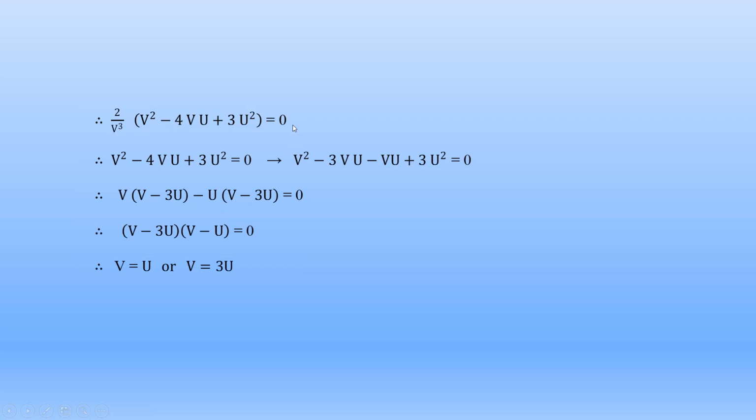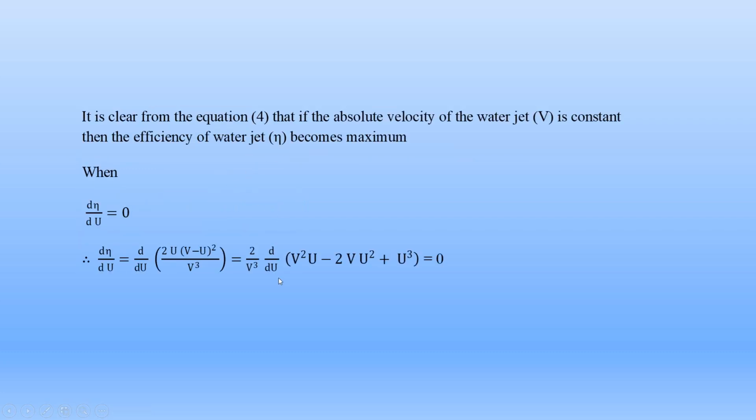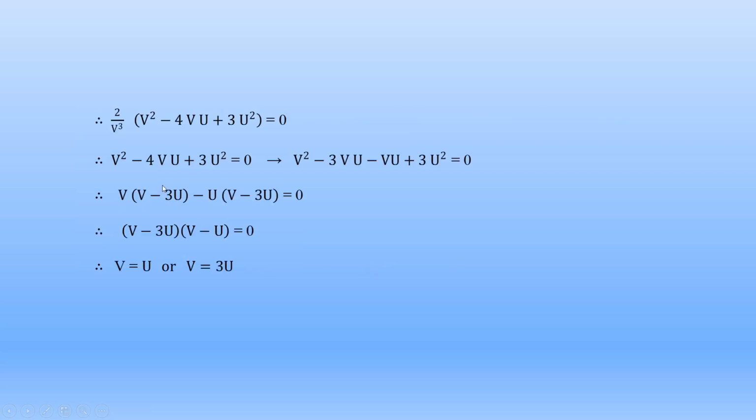This is the differentiation of the previous equation, d by du of v square u minus 2v u square plus u cube. Then 2 by v cube is not 0, so only the remaining term is 0. So v square minus 4vu plus 3u square equal to 0.